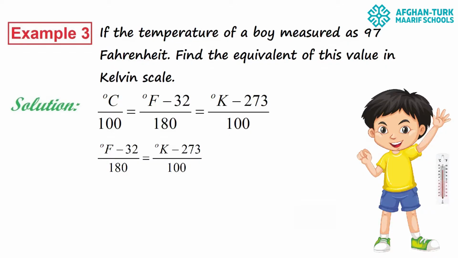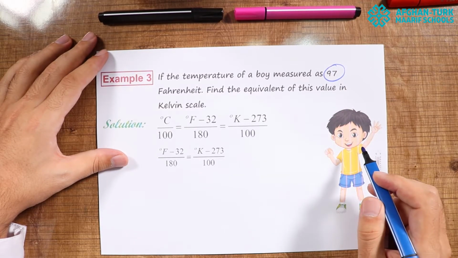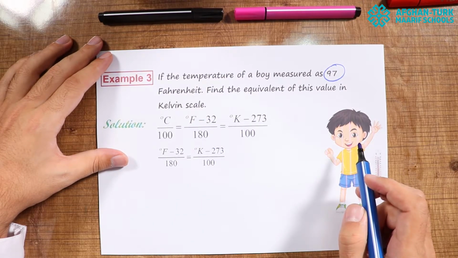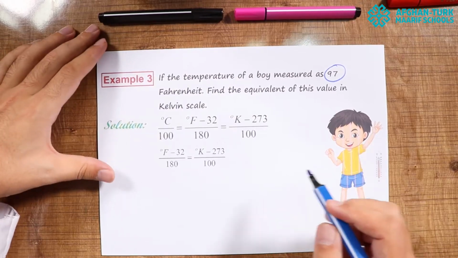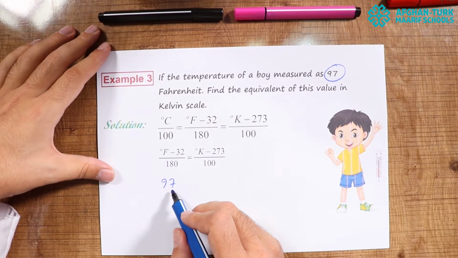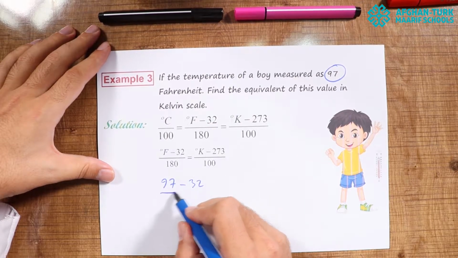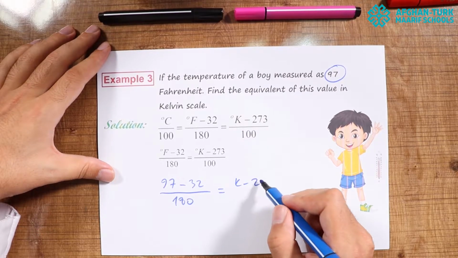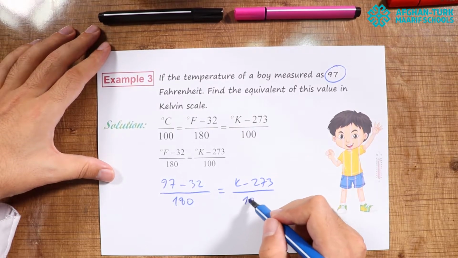We will find again the Kelvin scale, but this time I have Fahrenheit, which is 97 degrees. And I will use the right side of the relation. Again from the cross multiply, 97 minus 32 divided by 180 is equal to K minus 273 divided by again 100.